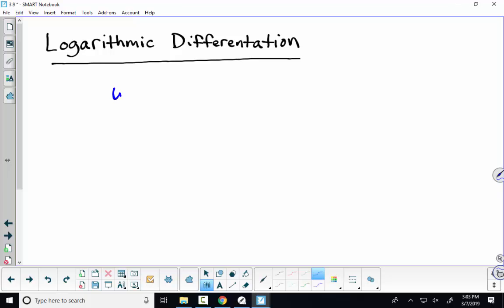So why another derivative technique? Somebody's mad. Maybe they just got a calc class. Why another technique? So in order to answer that question, let's just motivate that with a specific function.